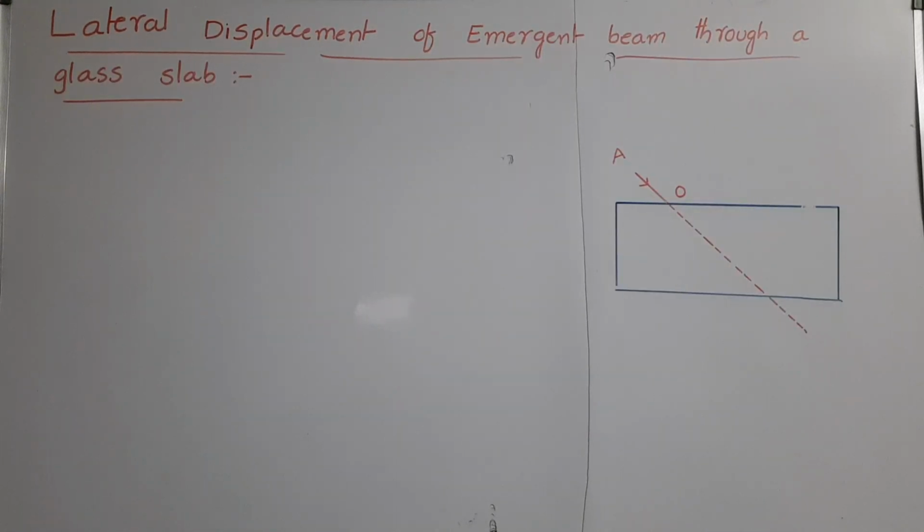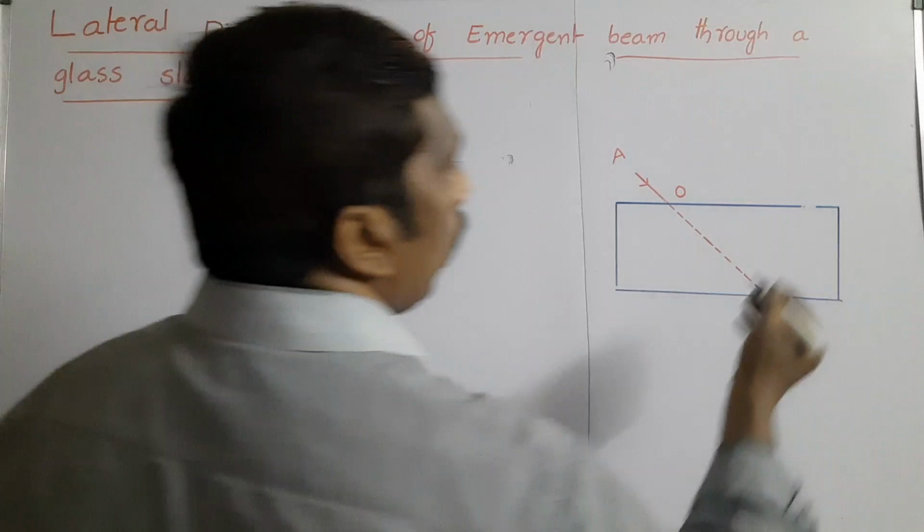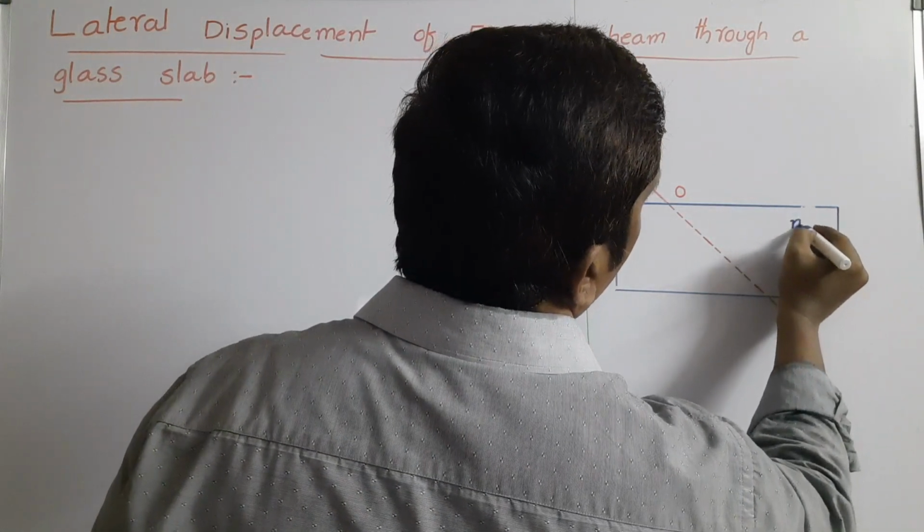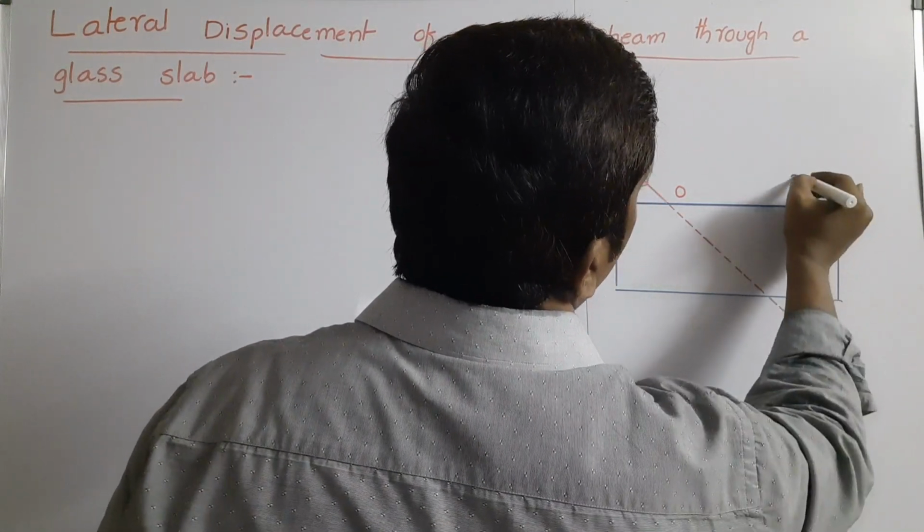Next, we calculate the lateral displacement of the emergent beam through a glass slab. This lateral displacement is also called the lateral shift. Here I am taking one glass slab of refractive index n2, and the refractive index of the surrounding medium is taken as n1.